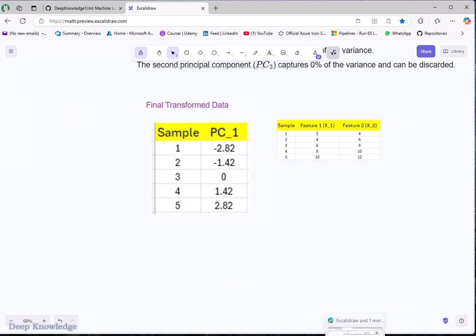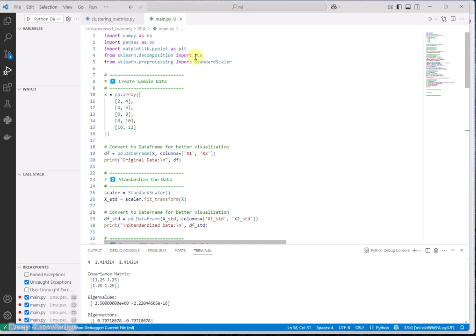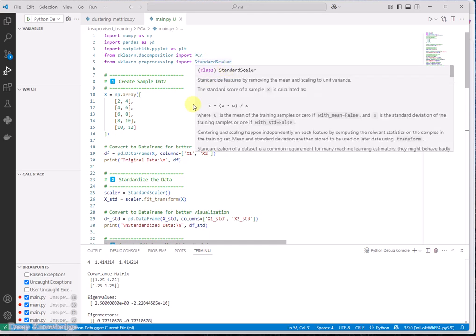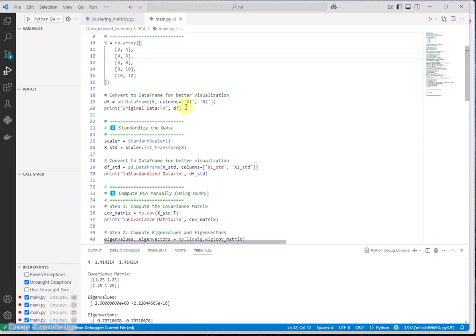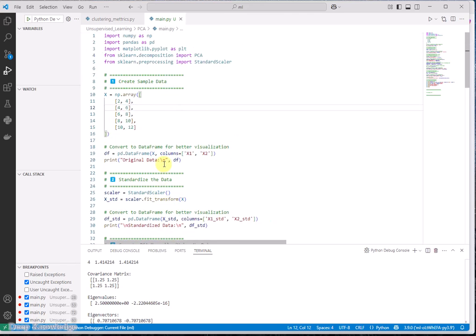They have already provided code for this. In this file you can calculate the principal component analysis either manually or using the Scikit-learn package, and you can see the singular value decomposition.